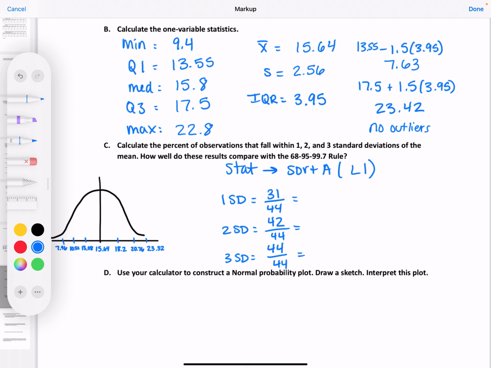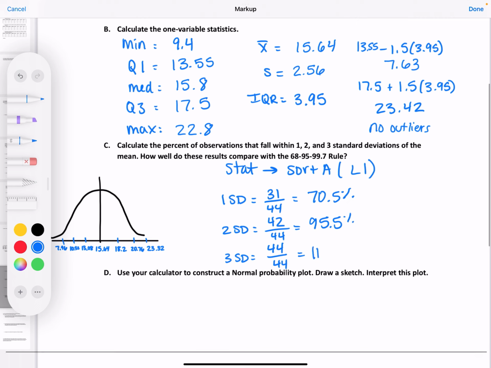All right, great. We all agree then. 0.705. So 70.5%. How about the next one? 95.5%. And the last one? 100%. So comparatively to the 68, 95, 99.7 rule, what do we think?